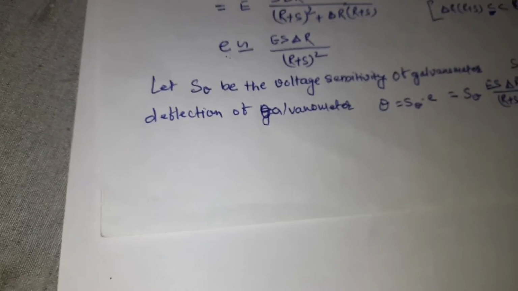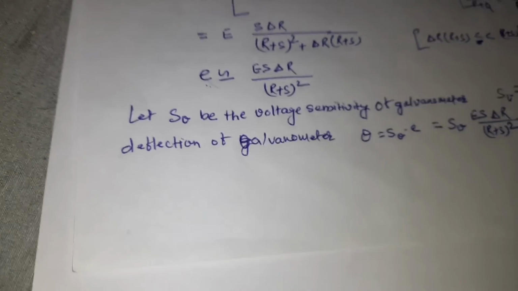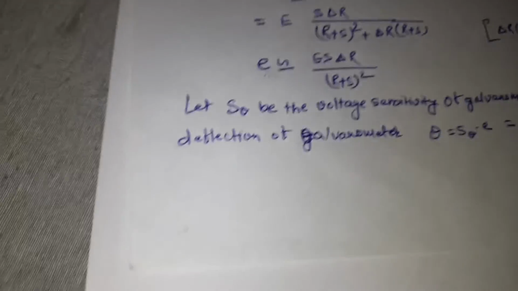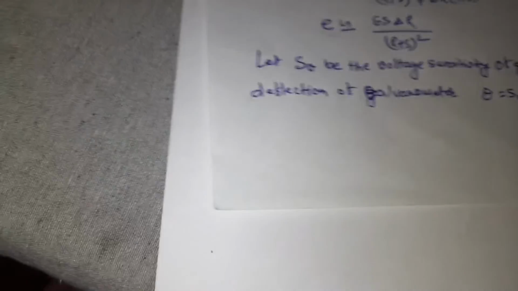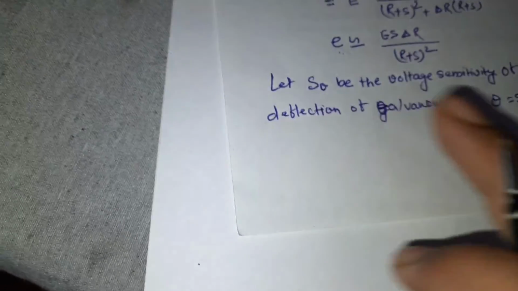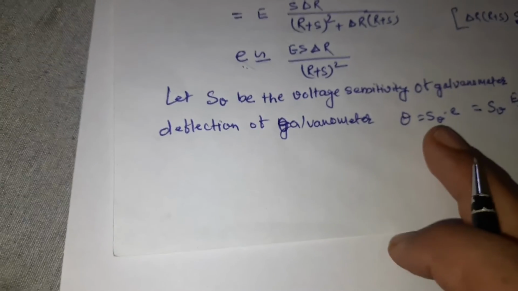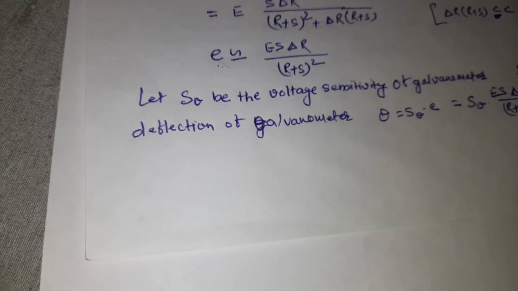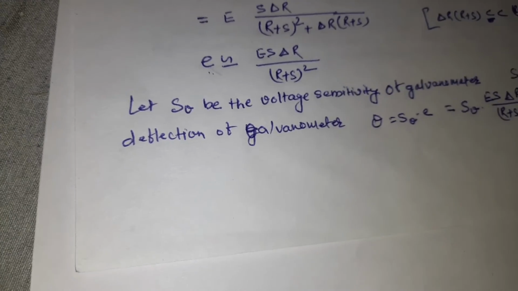This means how a small change in EMF can change the deflection of the galvanometer. So the deflection of the galvanometer theta is equal to SB into E, that means SB into E S del R by R plus S whole squared.